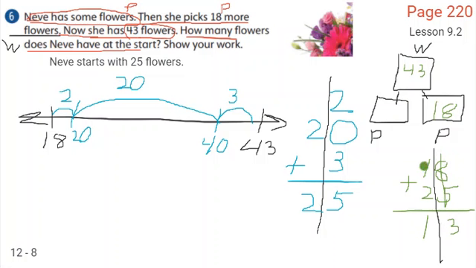Okay, now let's add up these tens here. We have 3 ones. We're going to have 1 plus 2 is 3 plus 1 more is 4. So now what we did is we validated this answer of 25 right here. So we can actually fill out our number bond as 25.